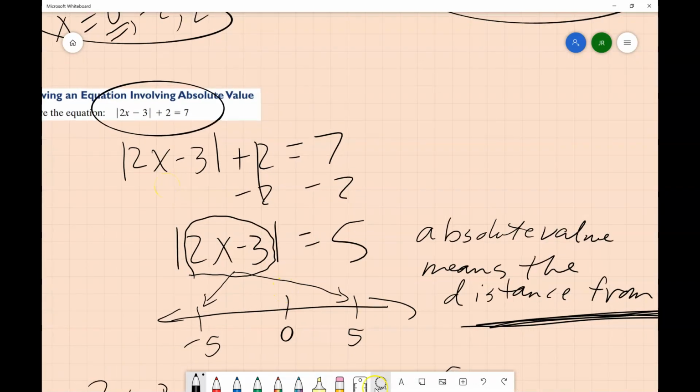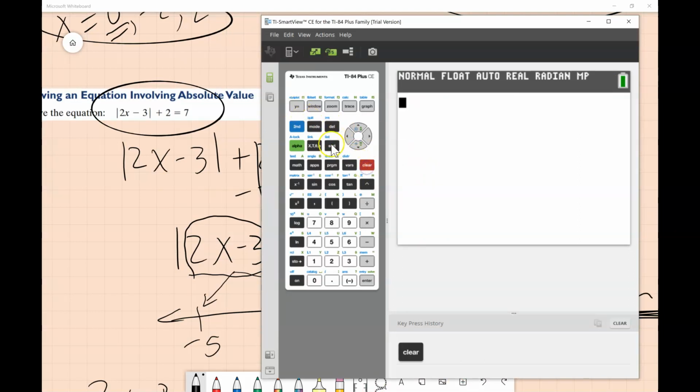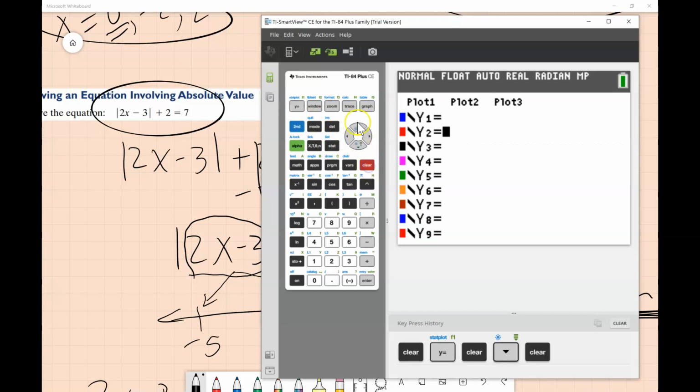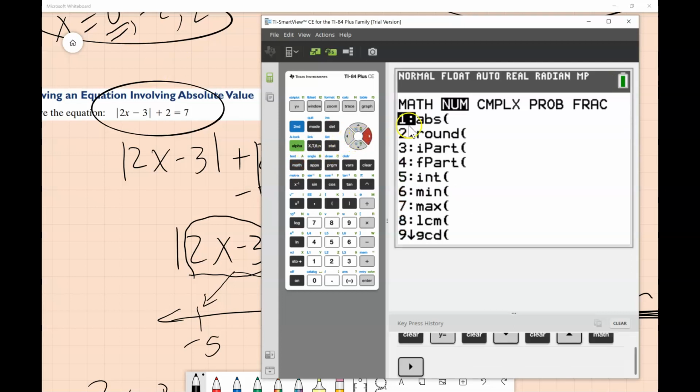So I am going to type the left side into y1. Clear that out. How do you type in an absolute value? I'm glad you asked. You click the math button. Here's the math button right here. And you click over to num for number, and the first option says ABS.